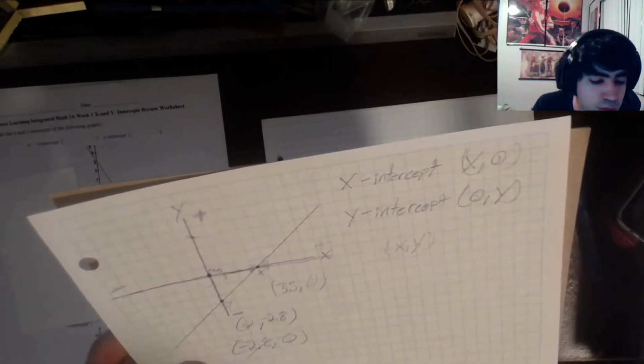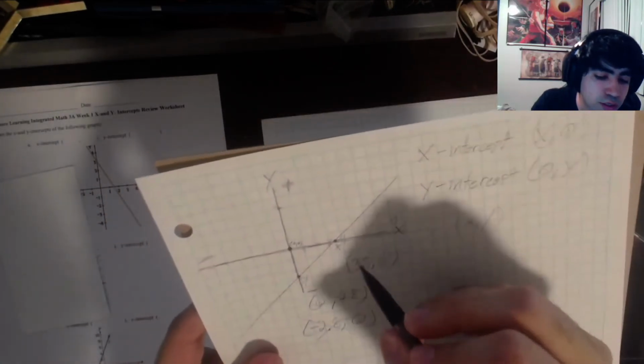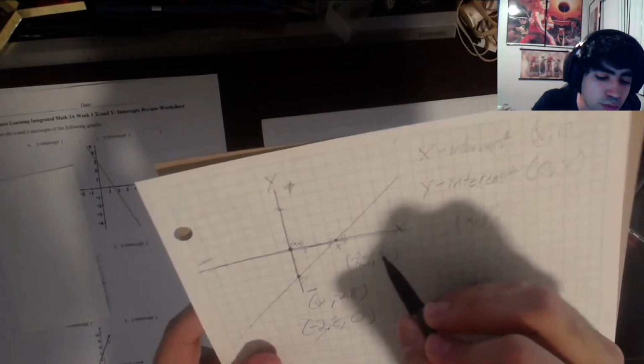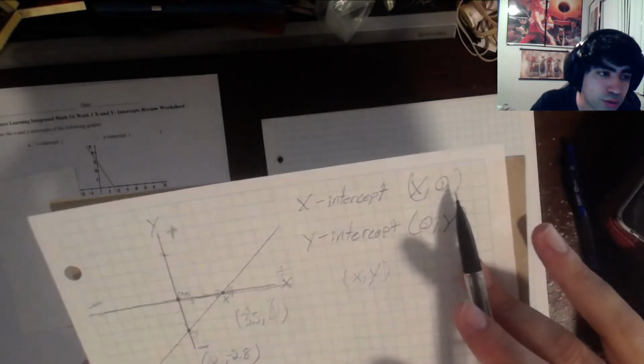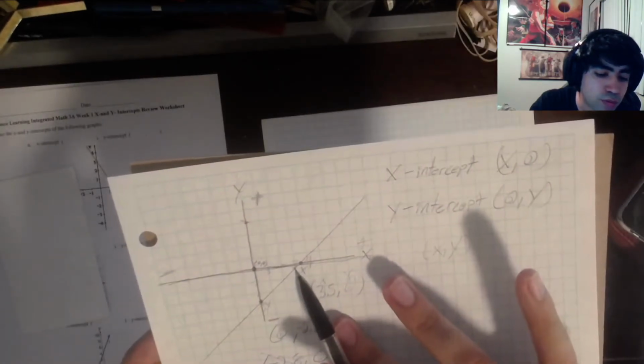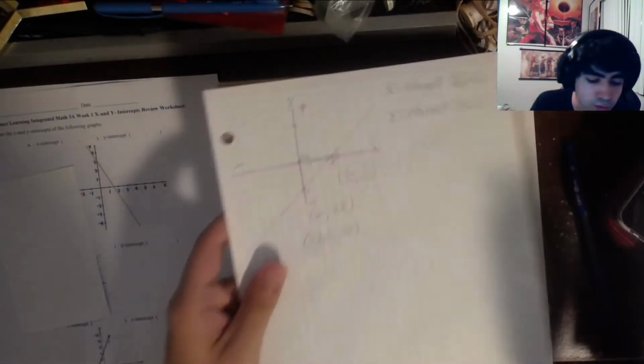Let's see, and then for your x-axis, like I said, x goes first, y goes second. At the x-intercept, the y is always 0, and we said it was between 3 and 4. I just said 3.5. It doesn't matter.